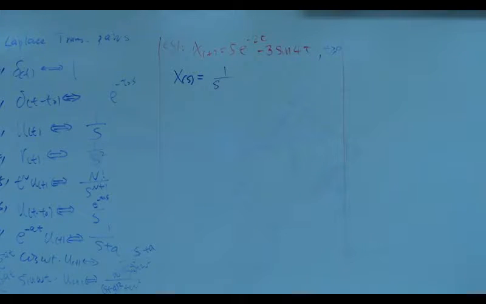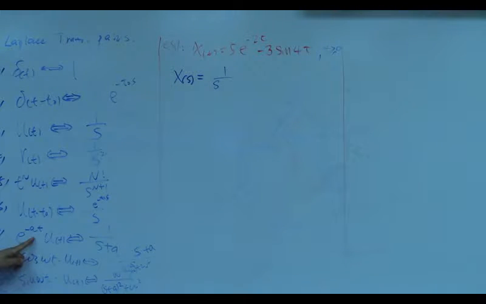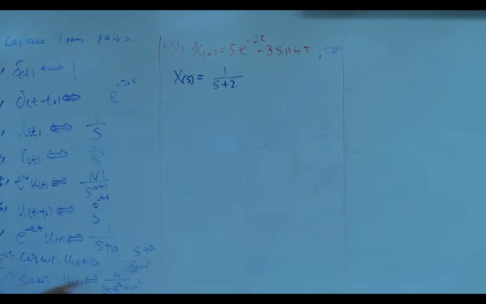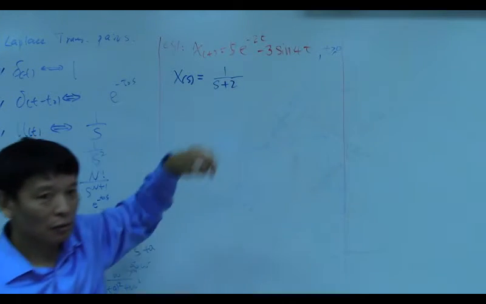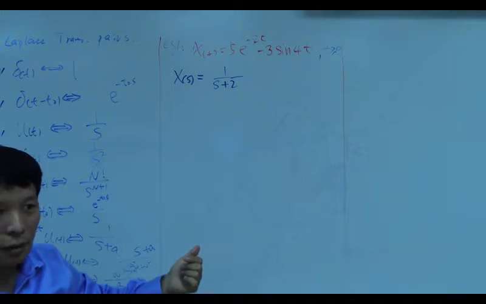We only have a function of s. e to the negative at. What is the a here? a is 2, right? So the Laplace transform is 1 over s plus 2. But this only applies to this. What do we have here? There's a 5 in the front. So use the linear property.